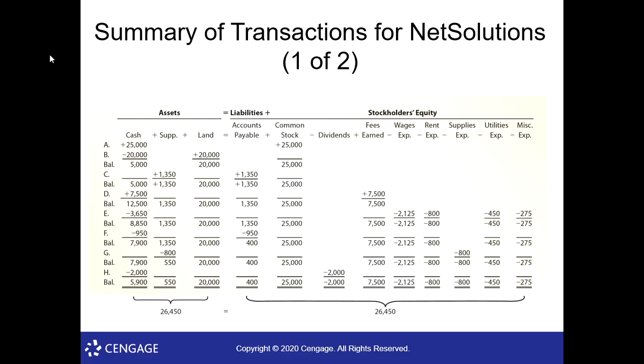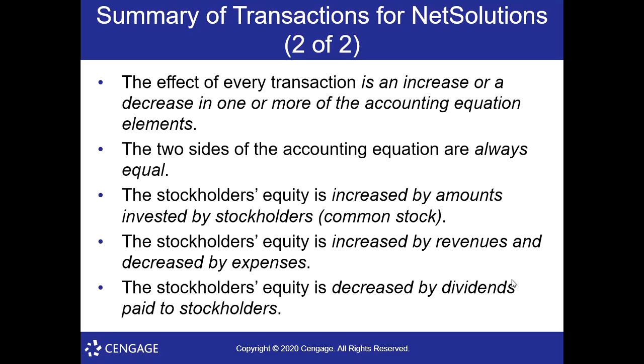Now, this slide is summarizing all of the activity in the format they presented it. So they've been keeping track of the pluses and minuses of our assets, liabilities, and equity as we go through transactions A through H. And as we could see, the effect of every transaction is either an increase or a decrease in one or more of the accounting equation elements.